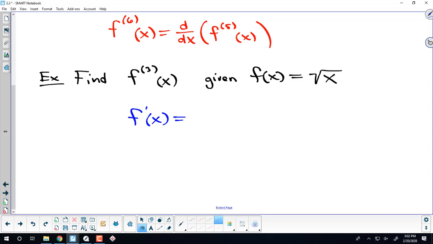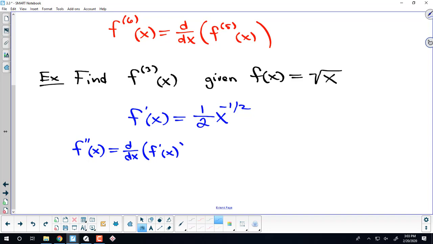Yeah, that's a really common one. We've seen this 3 times already. 1/2 x to the negative 1/2. Remember, we're thinking of anything that involves roots as their respective powers. So then the second derivative, f double prime, is just the derivative of the first derivative.